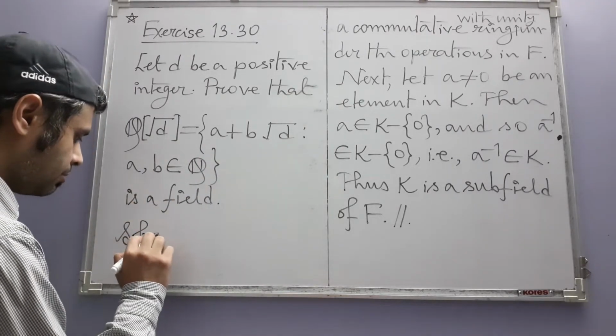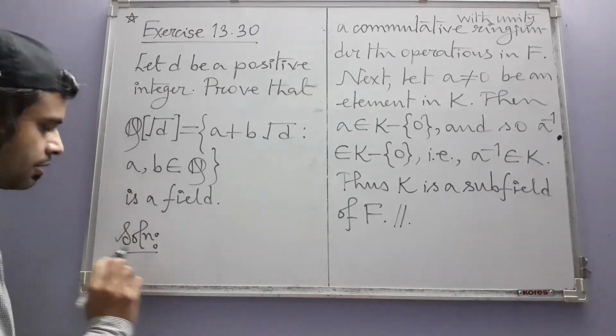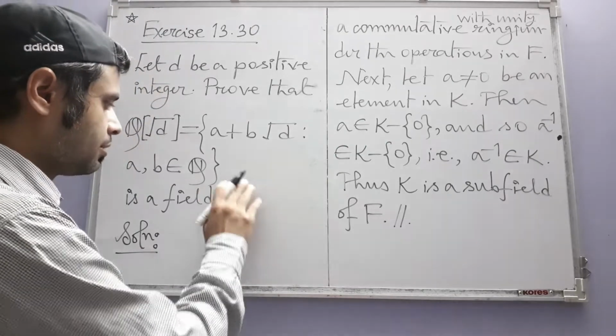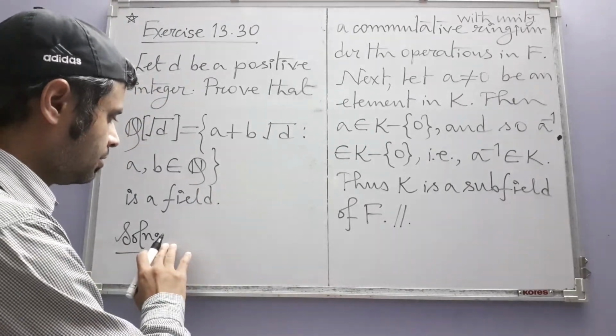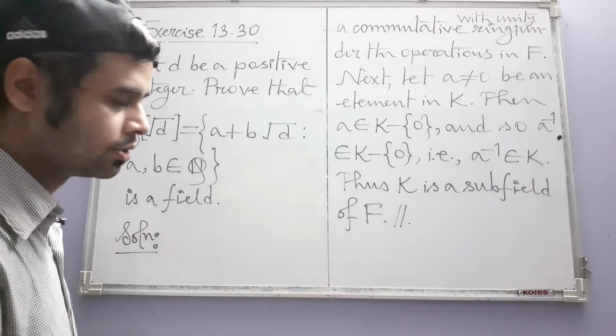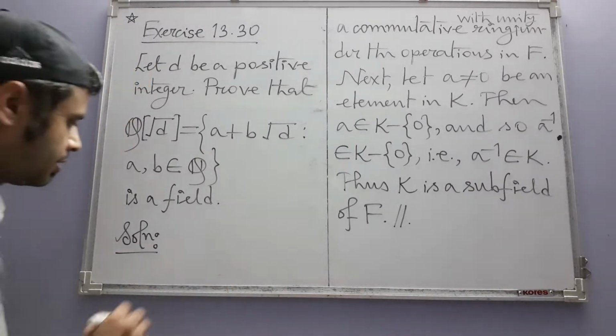And that is why, instead of just using the definition of a field and verifying all the axioms, we can show that this is a subfield of R, and that's what we are going to do, because now we have the subfield test.